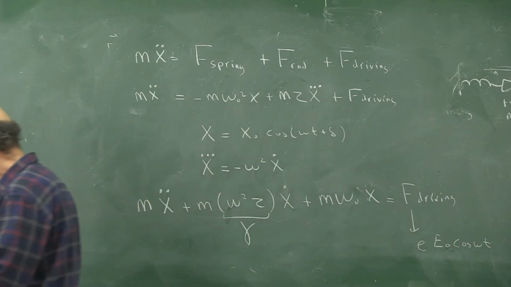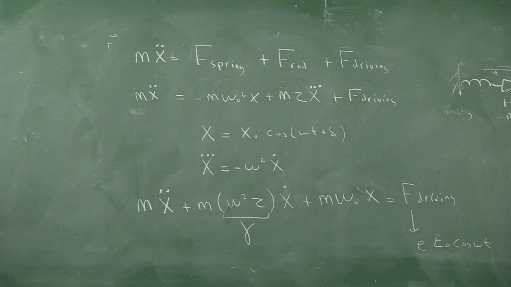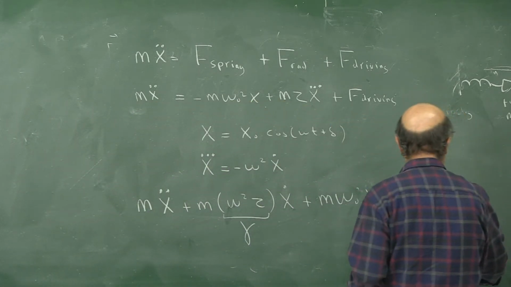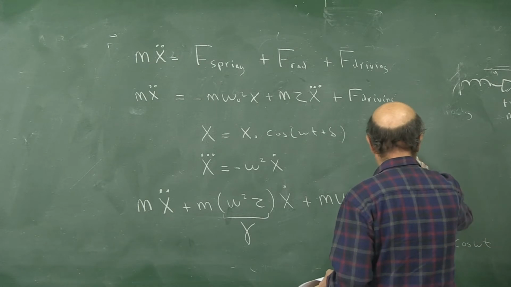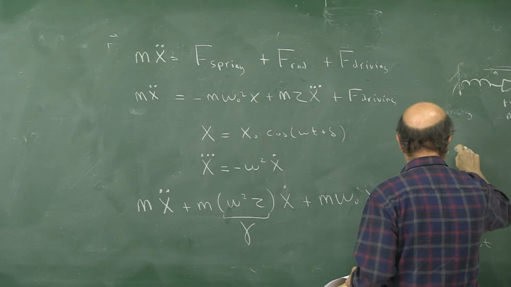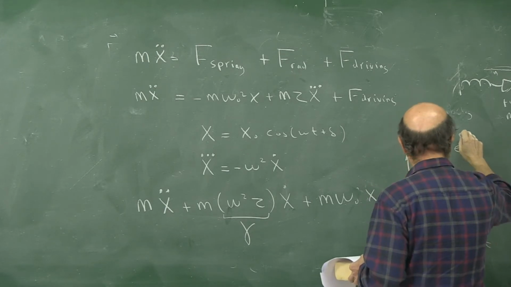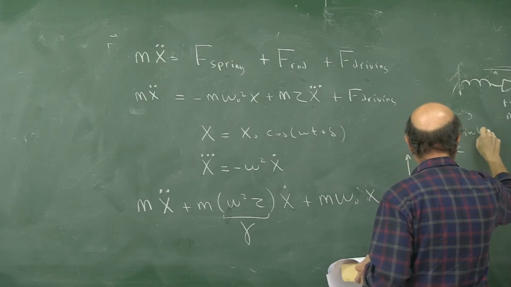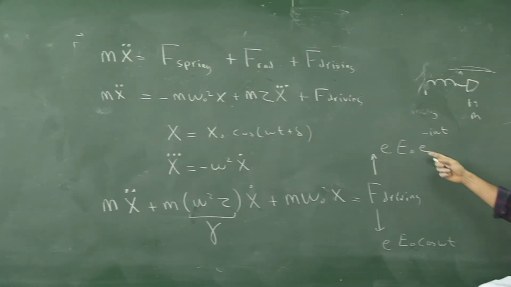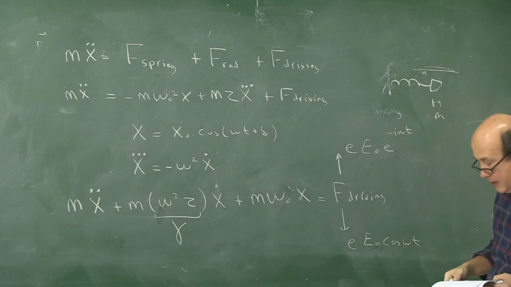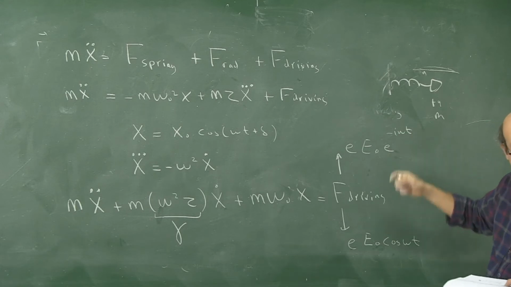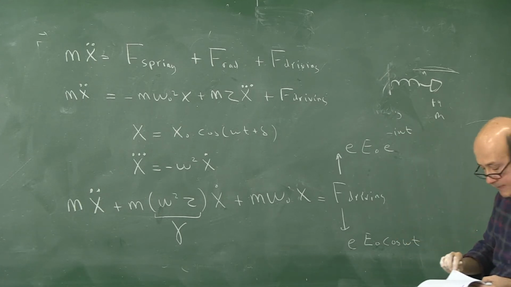Then what I am going to do, instead of writing E0 cosine omega t, I can write E0 e to the minus i omega t. I can use complex numbers. That is better for the solution. You can take the real part at any time if you want. Instead of representing it as cosine omega t, express this as e to the minus i omega t.